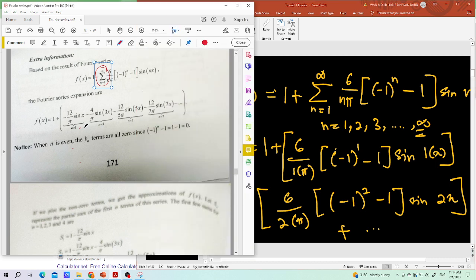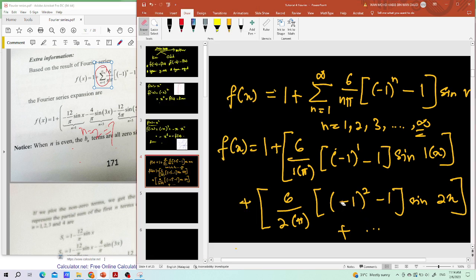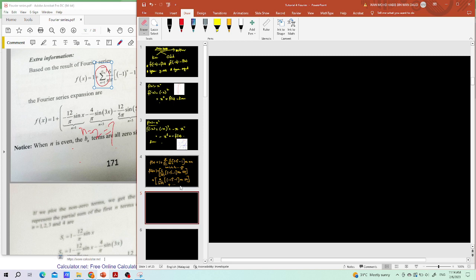Why are we missing n equals 2 here? Maybe because it will be 0. So why can it become 0? Okay, f(x) equals 1.